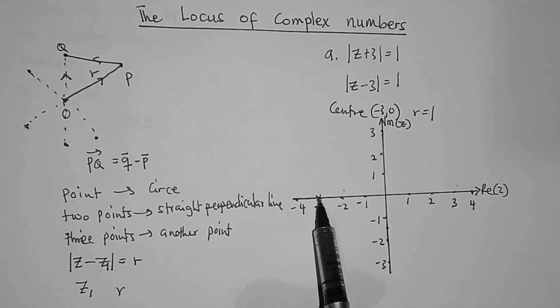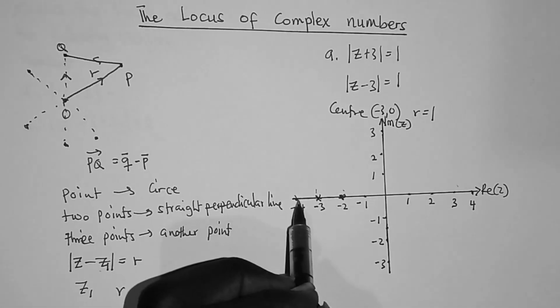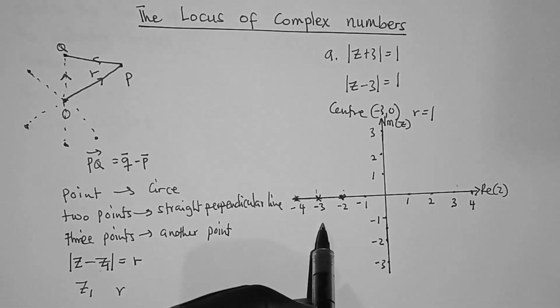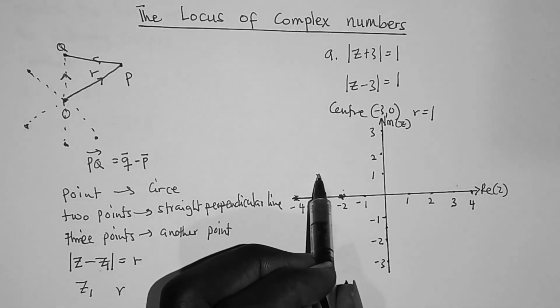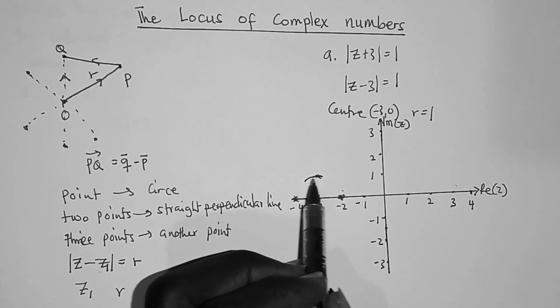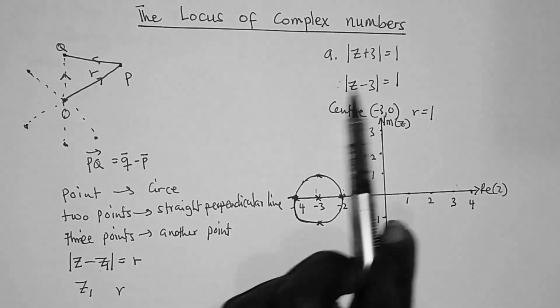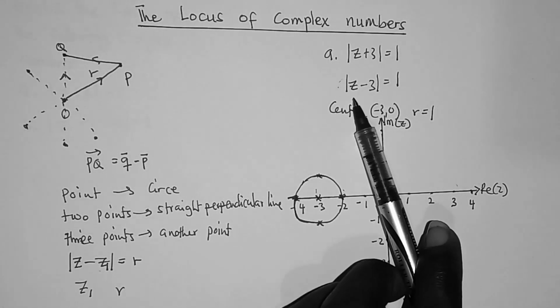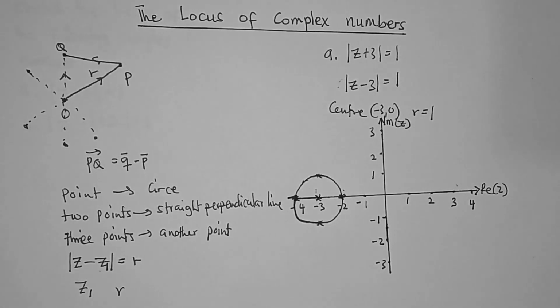So that means that we move 1 unit to the right, 1 unit to the left, then 1 unit downwards, and then 1 unit upwards. If we connect the points, you see that this is how the circle is going to look. So this is the graph of the complex number modulus of z plus 3 equals 1.